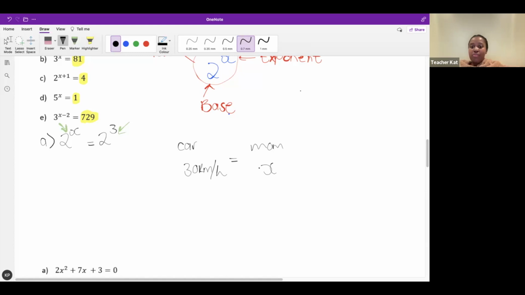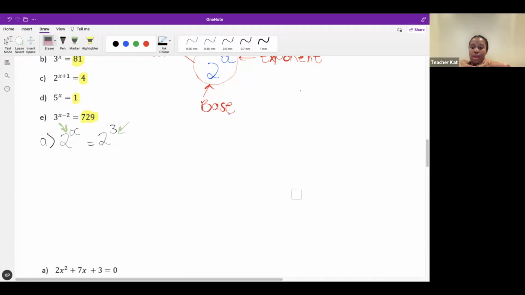I say my mom drives a certain speed, I don't know it. And then I say to you, this is my speed. But my mom's speed and mine are equal. So that means my mom's speed is what? It has to be 30 kilometers per hour. You just told me they were equal. So that means x has to be 30 kilometers an hour. Do you get my little analogy? I'm hoping you do because we're all very quiet suddenly.